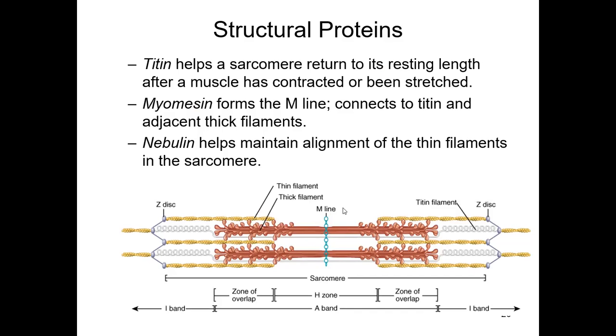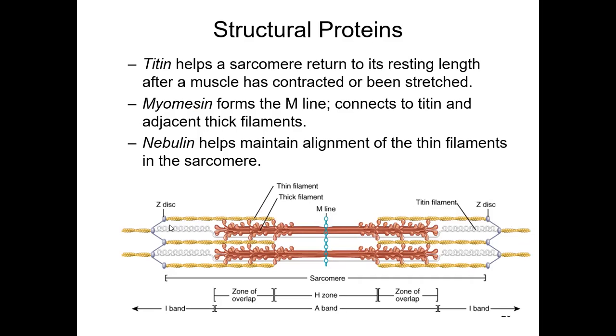Here are some of the proteins that provide structural integrity to the sarcomere. Let's talk about titin. Titin means that it's gigantic. This protein starts from one Z line and goes all the way to the second Z line. This has to do with elasticity.